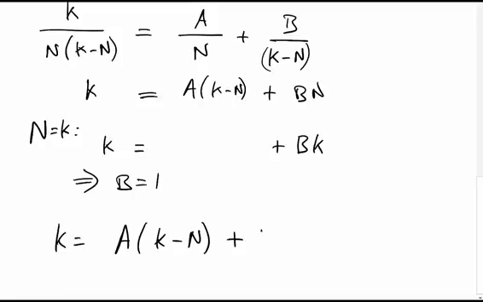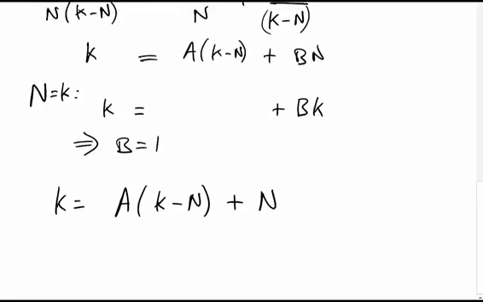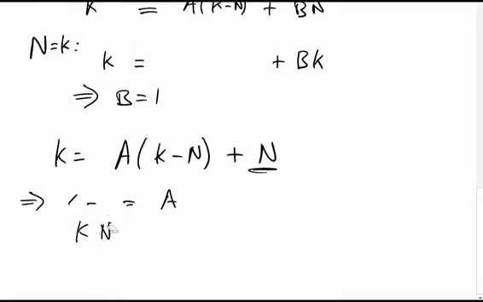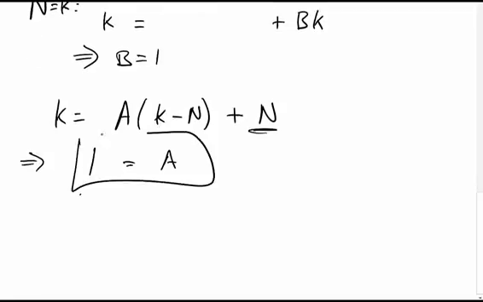So if I now take this n over to the other side, I end up with k minus n equals a times k minus n. Then I just divide through by k minus n, so k minus n over k minus n just cancels to 1. So therefore I get a equals 1. So I end up with a equals 1 and b equals 1 as well.